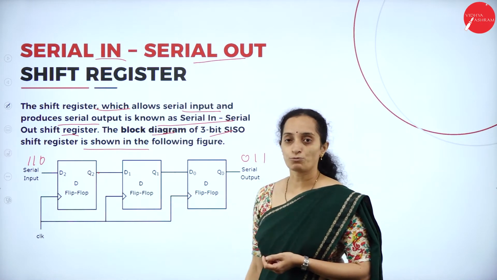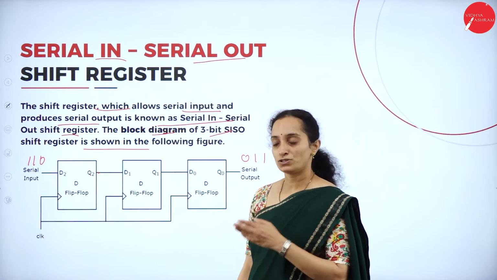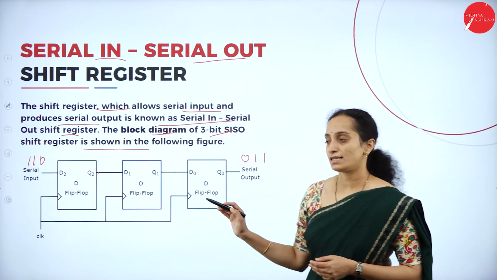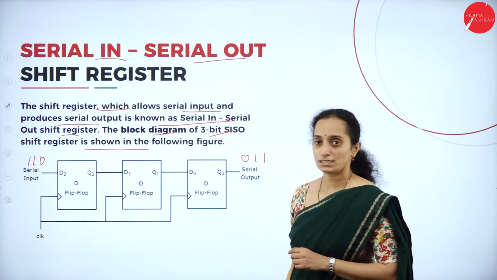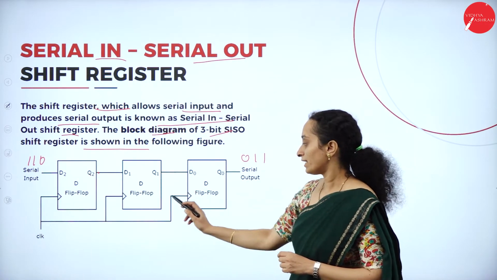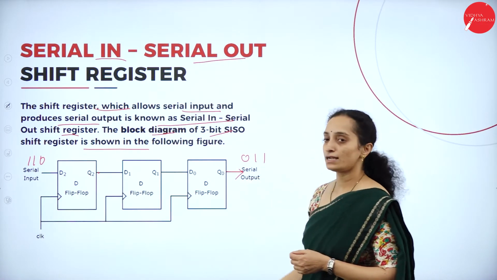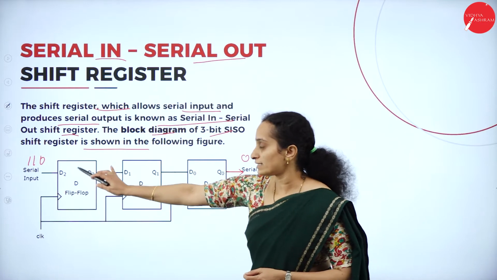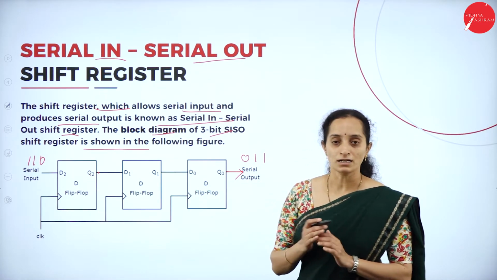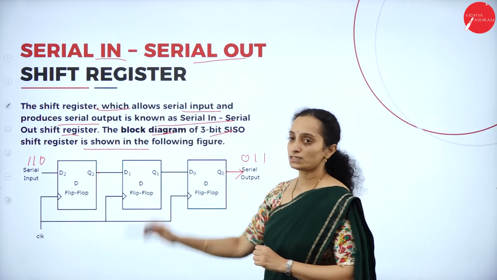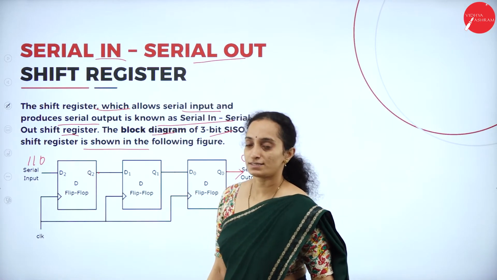Now we have the input D1, which gives the output Q1, and again in the serial manner, Q1 acts as an input to D0. Here again the clock pulse is given to the flip-flop. When there is a serial input and serial output which shifts the register to the next flip-flop, it is called the serial in, serial out shift register.